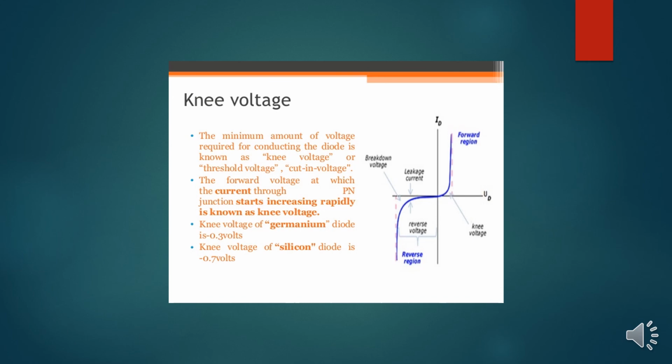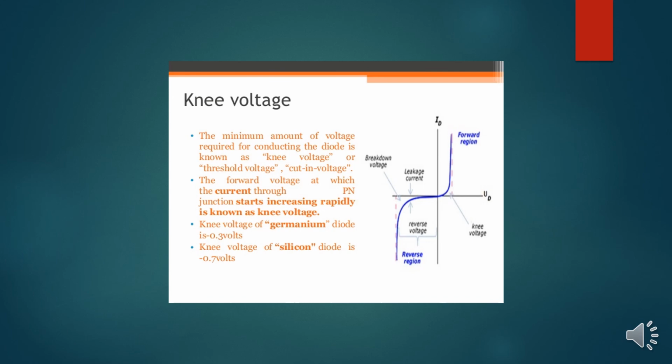And this is the graph of the knee voltage. We can show the knee voltage in forward bias. When we increase the forward bias voltage, the current increases, and at the point when current starts flowing in the circuit, it is called the knee voltage. In reverse bias, at zero applied voltage there is no current, and as we increase the reverse bias voltage, we get a very small current.